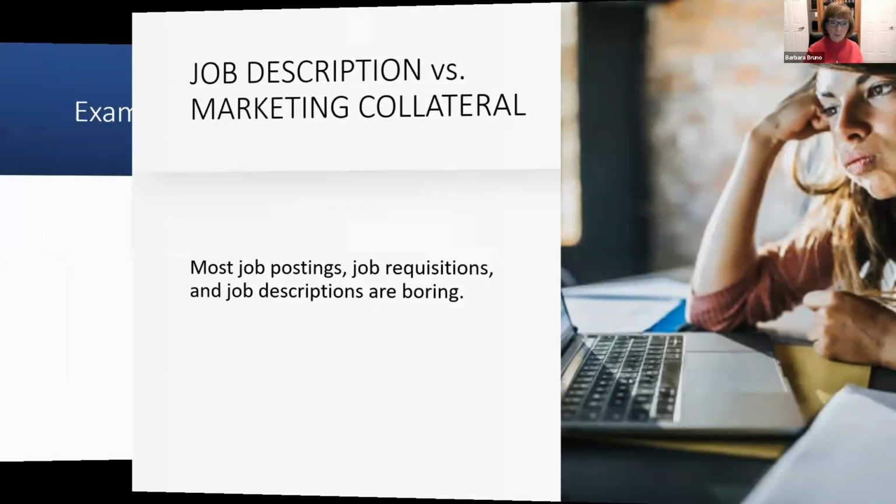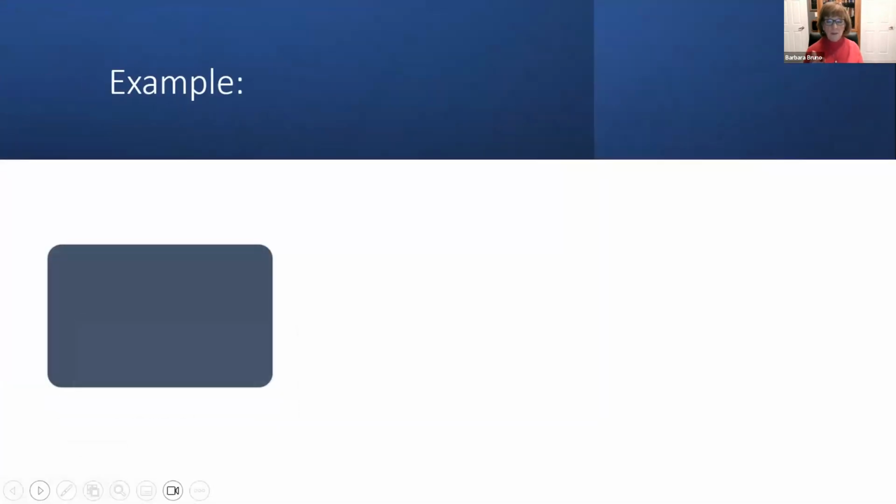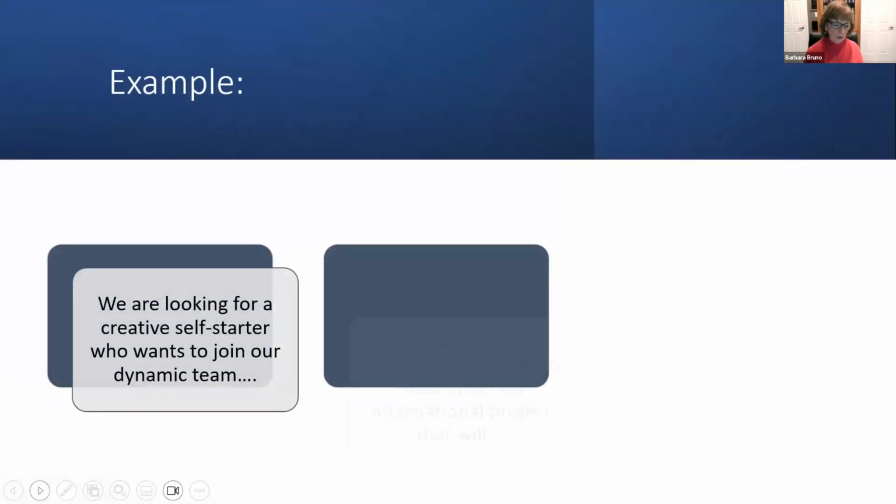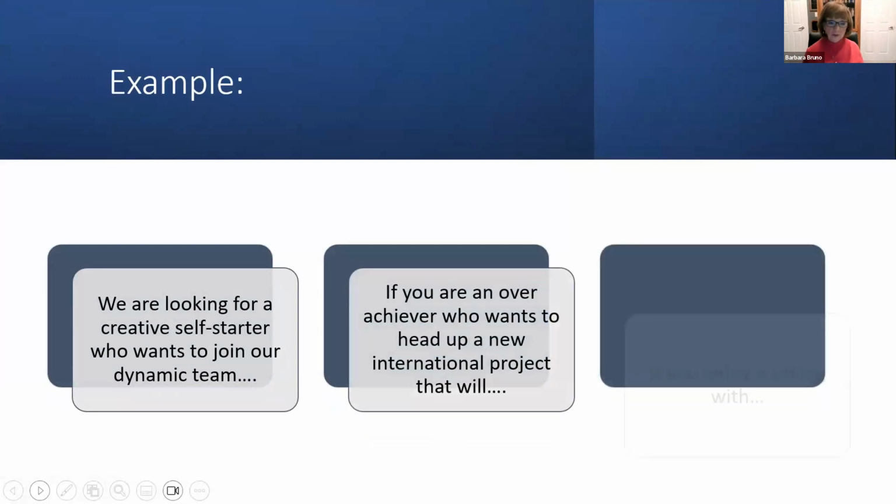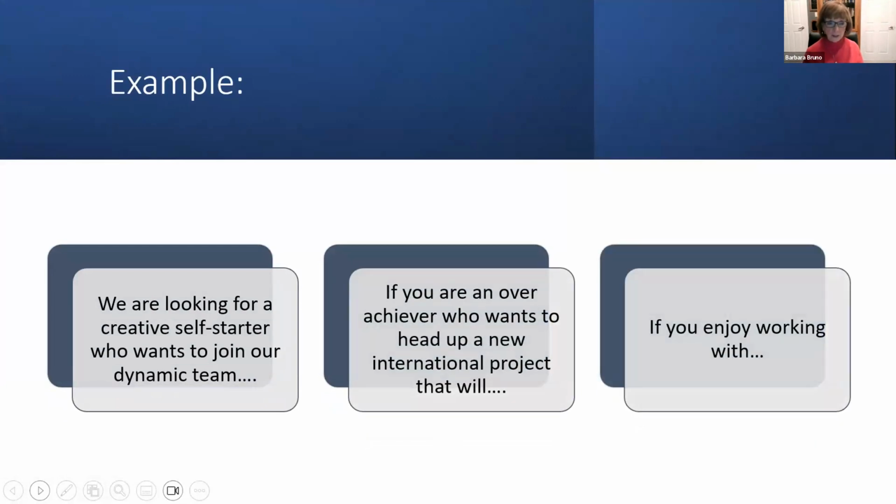I want to give you an example of some verbiage you could use that makes a job sound more like marketing collateral. We're looking for a creative self-starter who wants to join our dynamic team. Now, that could be a job in an accounting department, where normally accounting jobs are very boring. But if you do need a self-starter and you do have a dynamic accounting team, look how different that is.